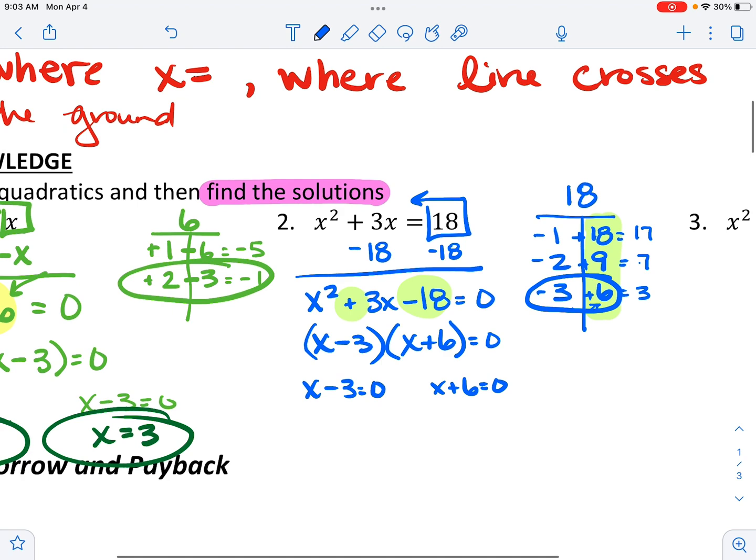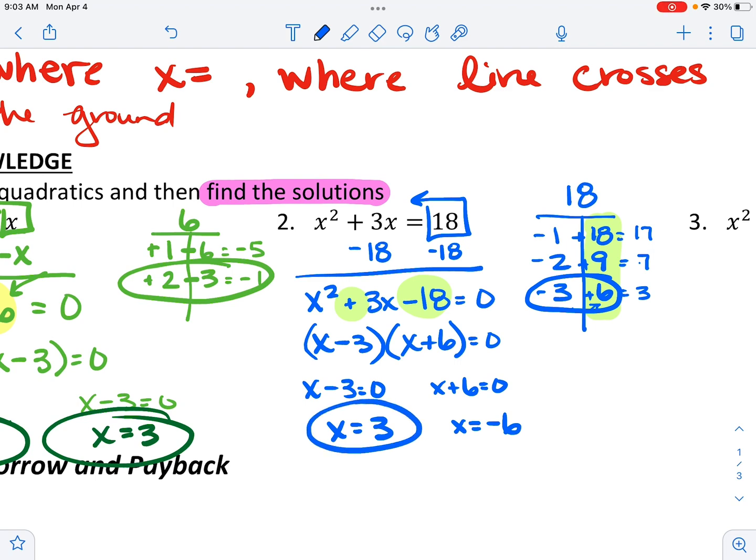The opposite of minus 3 is plus 3, so the answer is positive 3. The opposite of plus 6 is negative 6, so the answer is negative 6. So there are two solutions. This line crosses the x-axis at positive 3 and at negative 6.